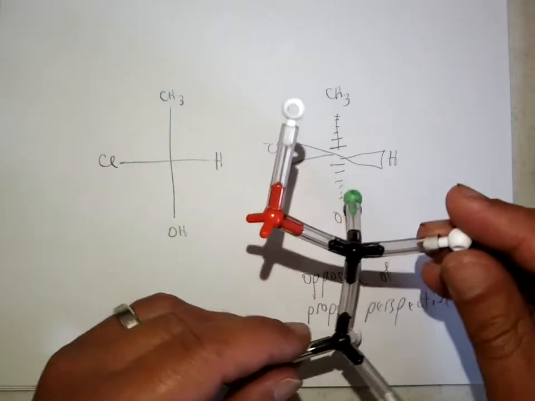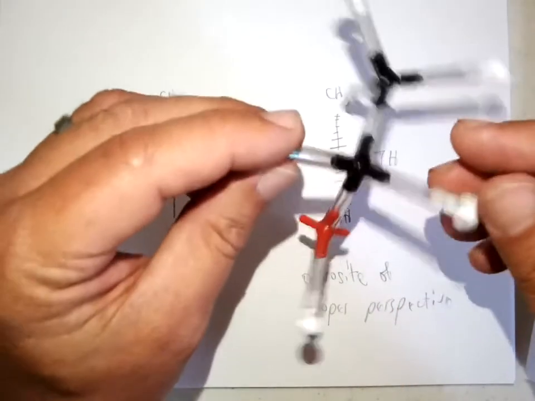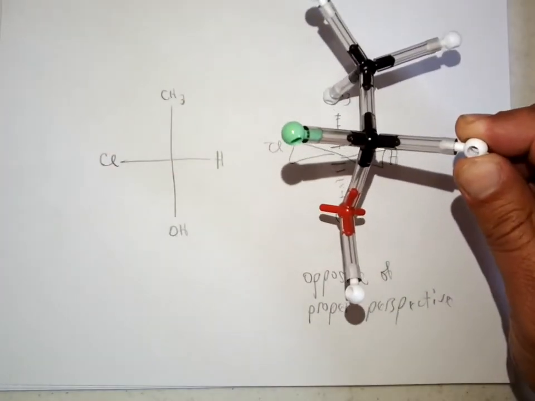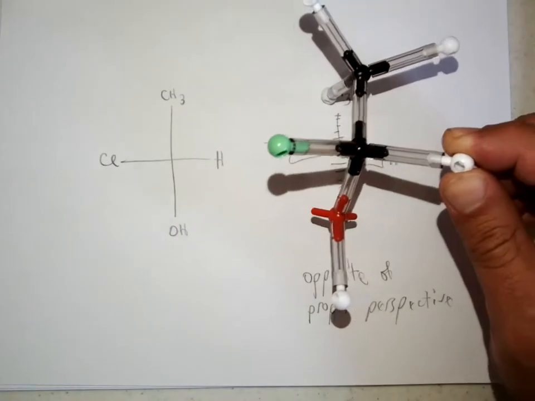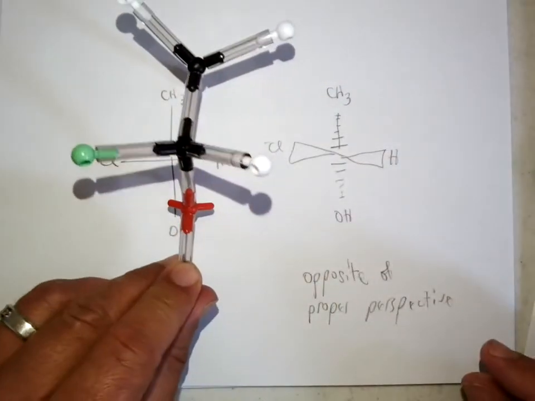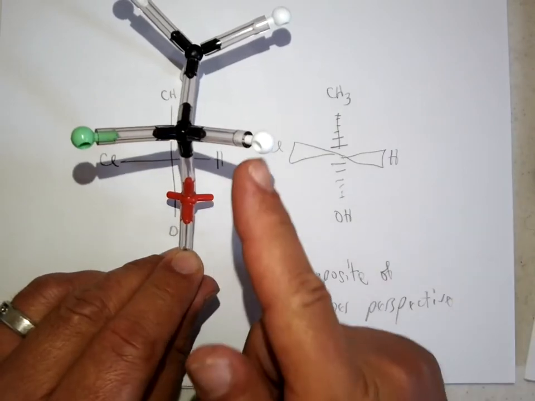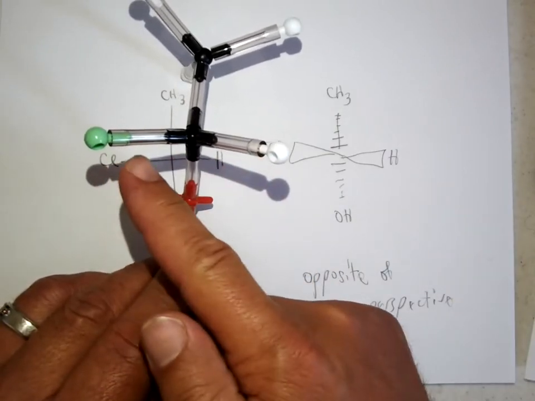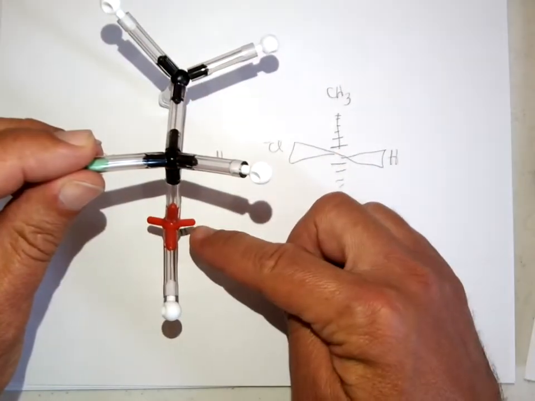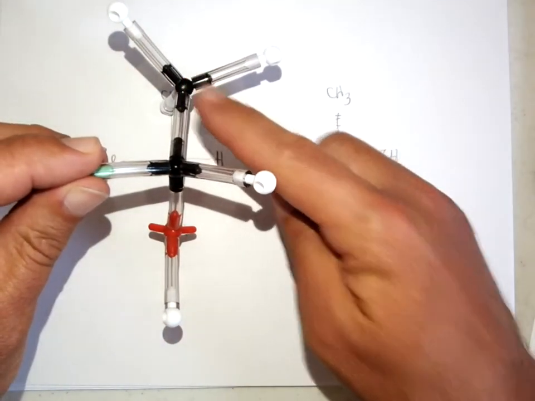So let's see which one of these is the right molecule. This is it. So this molecule is what I've got drawn on the page. Let me put it next to it so you can see. Hydrogen and chlorine towards us with the chlorine on the left. Methyl and oxygen away from us with the methyl on the top.